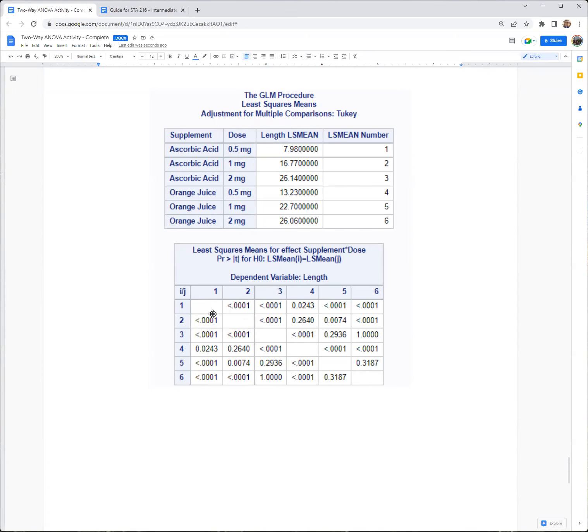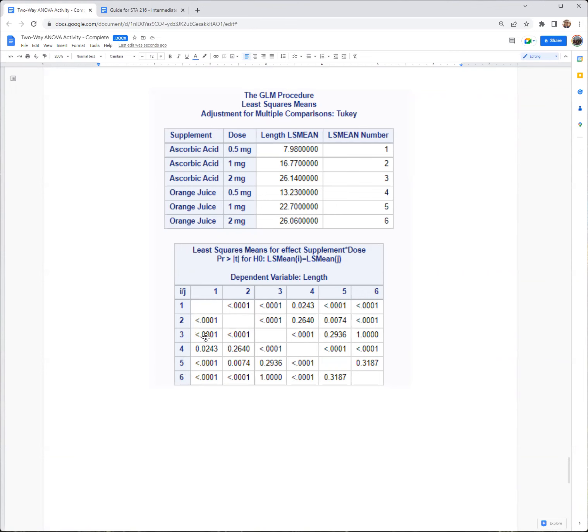So for example, in the first cell here, this is the p-value for a 2 sample t-test comparing group 1 and group 2, so comparing ascorbic acid 0.5 milligram to ascorbic acid 1 milligram. Okay, so they were different. The p-value is small. And we can see their means were quite a bit different too.